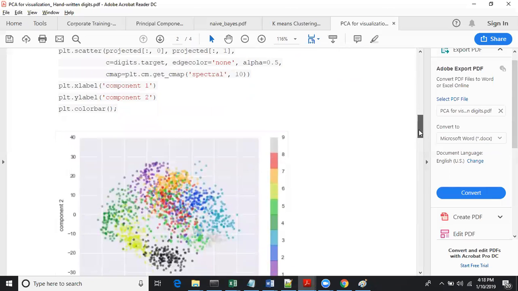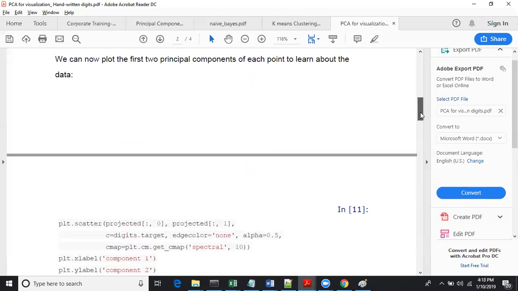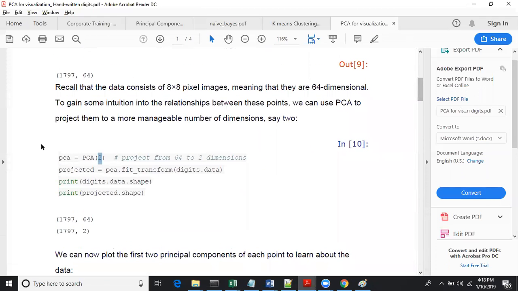So this is a representation. If you see here what we did, we have applied the PCA formula, and then the PCA object's fit_transform on the digits data. Why did we use fit and transform? Just like the fit of the data we do to train things.